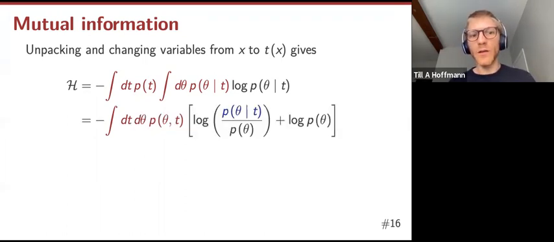So we can combine these two integrals and plug in a p of theta at the numerator and denominator and separate this expression. So this is just expanding the log.